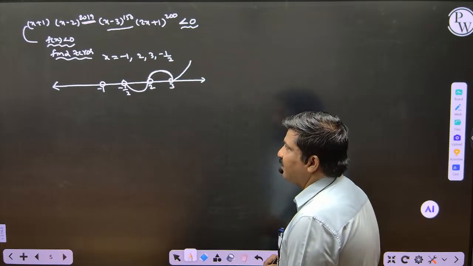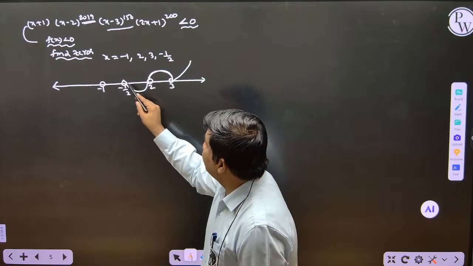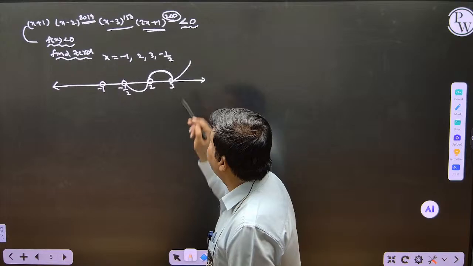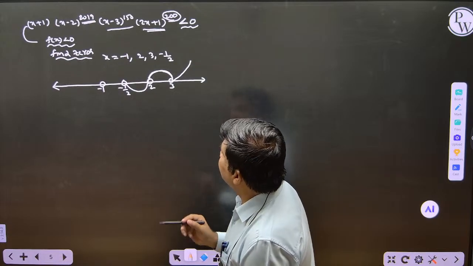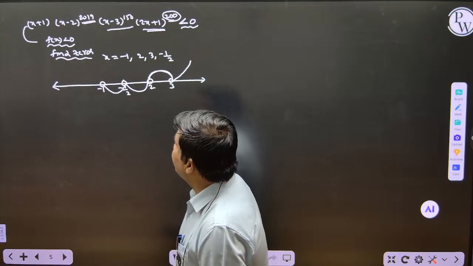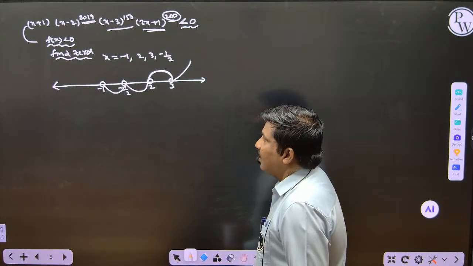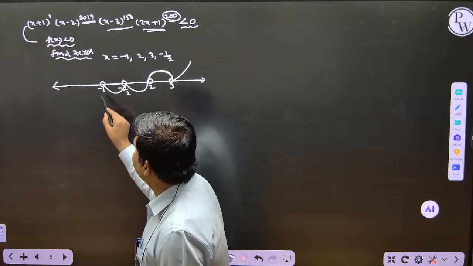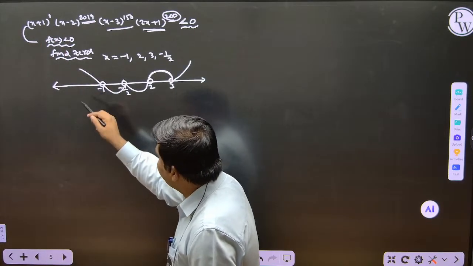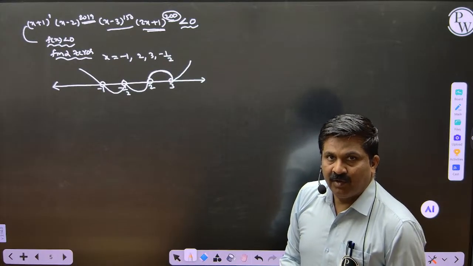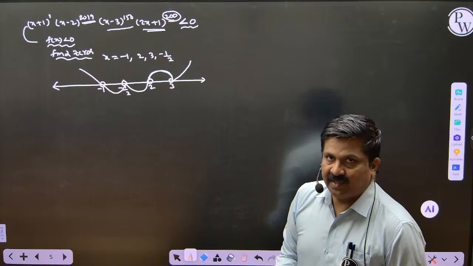What is its related factor's power? 200. Even number. So not crosses. Again back to minus 1. What is minus 1's power? 1. Odd number. Cross it. After that, do you have any other points on the real line? No. That's why we can stop here.